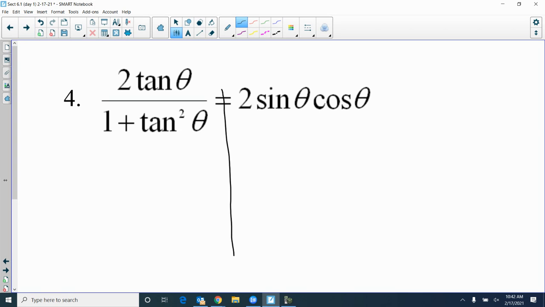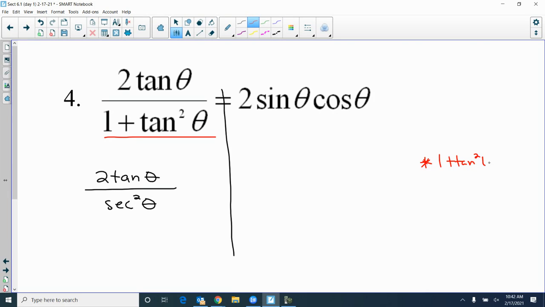So this right here, I got 2 tangent of theta over secant squared theta. And just for your personal notes, you might write 1 plus tangent squared, and you can use that step if needed, I'll be able to decipher that.